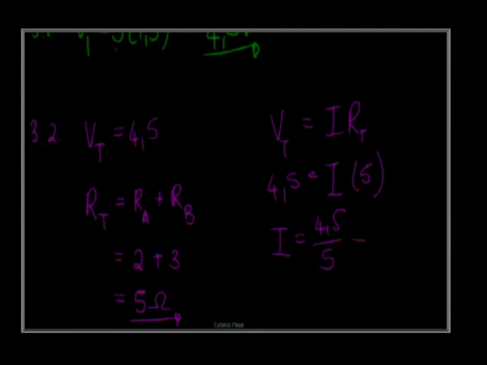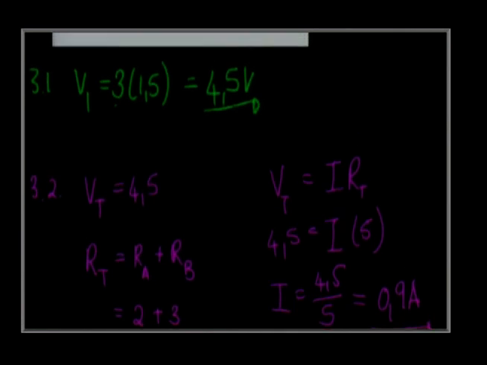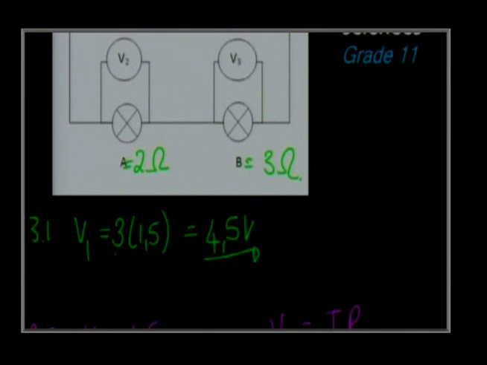From our previous calculation, we will remember that 4,5 divided by 5 is 0,9 ampere. Now that we know what the current is, we can go and use that information to calculate the individual potential difference for each one of these light bulbs.